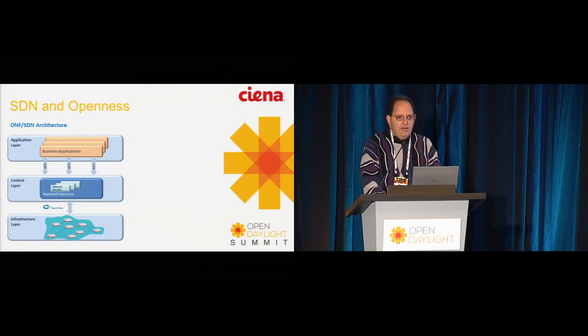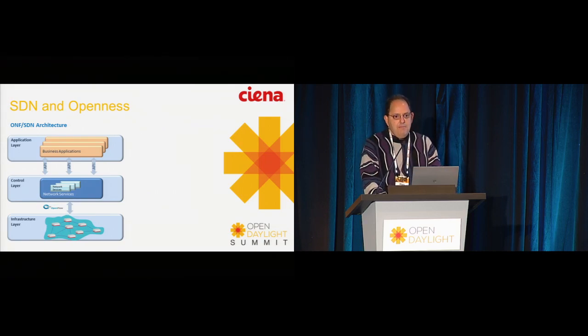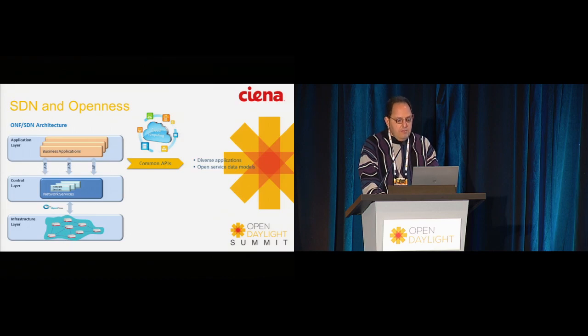The control layer is the logical capabilities that provide the intelligence, the abstraction, and the logically centralized state that makes up the control layer, and it's actually extracted to a large extent from the underlying devices in the infrastructure layer shown below. And this architecture model is really the framework for what Ciena is looking at when we move ahead.